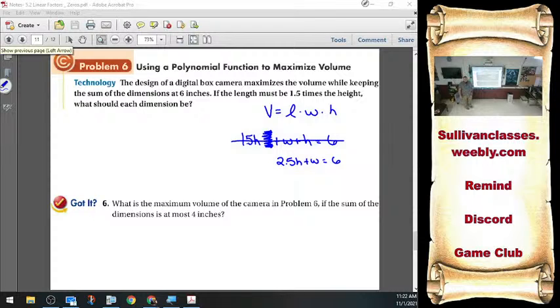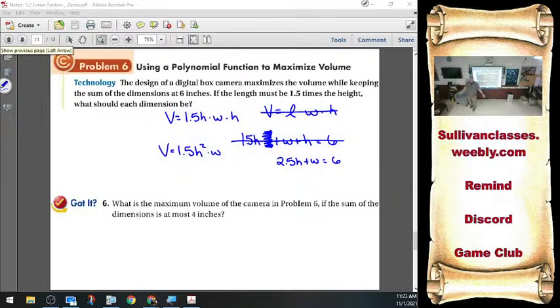What should each dimension be? Well, I can also cross this one out, right, and say volume is length, which is now 1.5 h. So I've got 1.5 h times w times h, which is 1.5 h squared times w.